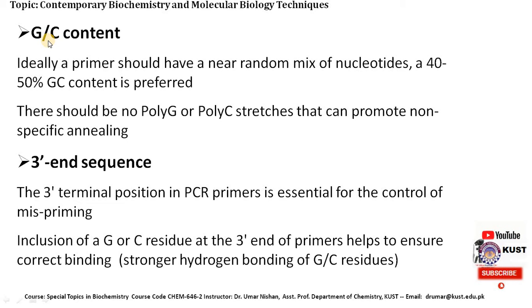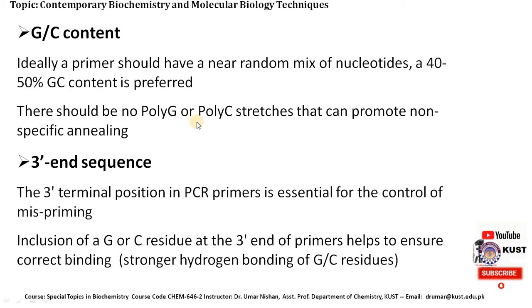So to be able to produce a good quality primer, ideally a primer should have a near random mix of nucleotides at 40 to 50% of GC content. So GC content should be around 50%, because this will help the primer to bind or to anneal with the DNA, because it will result in stronger or more accurate binding with the DNA.